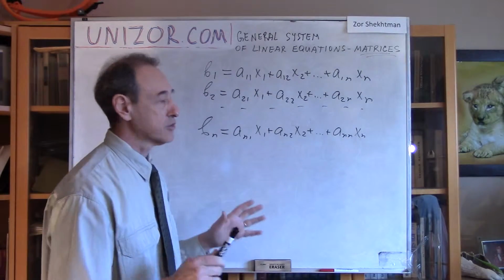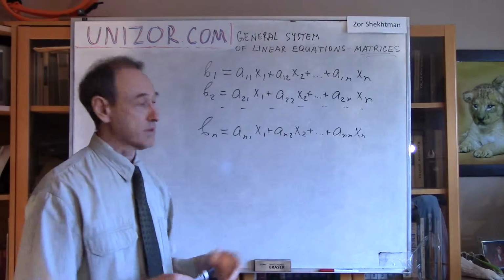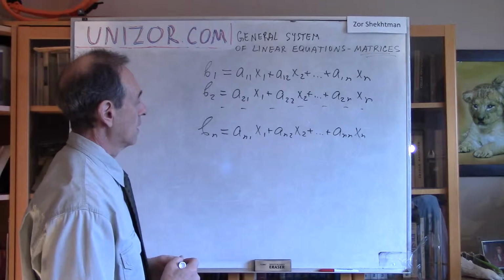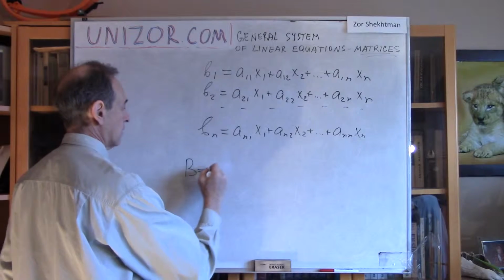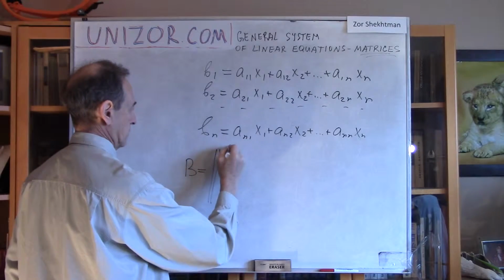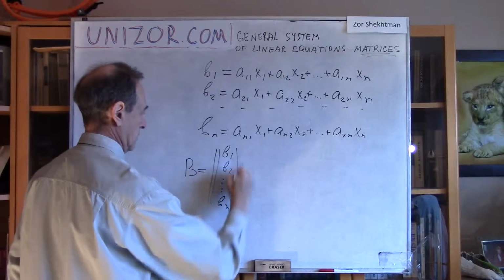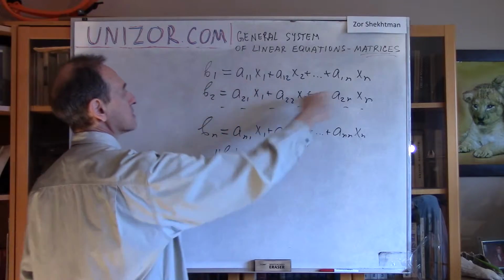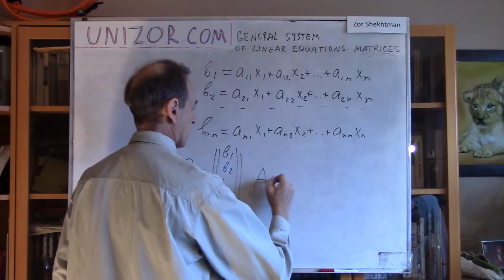First of all, I would like you to consider all these b1, bn, the free members of this particular system, as a column vector. I would also like to consider all these coefficients as forming a matrix.